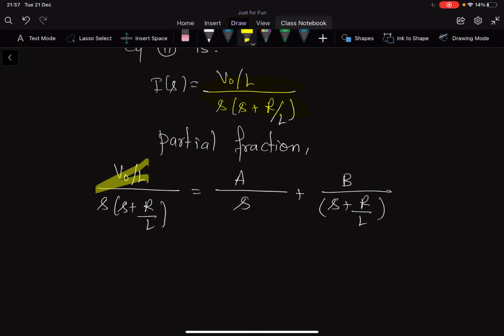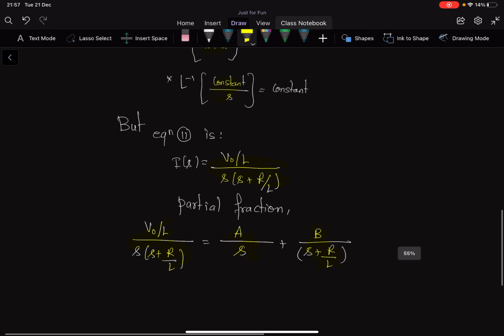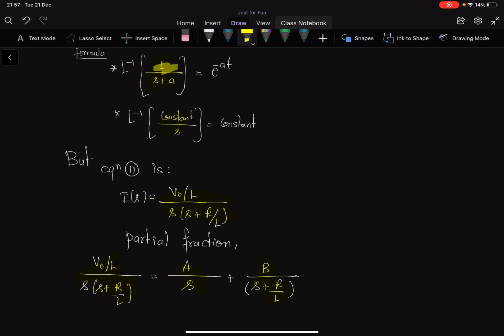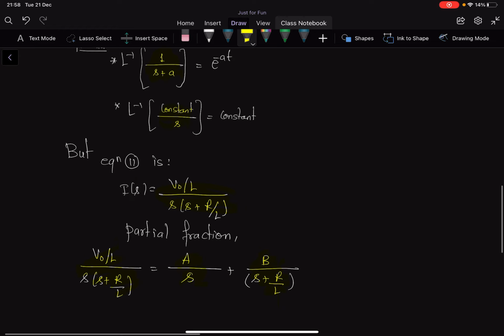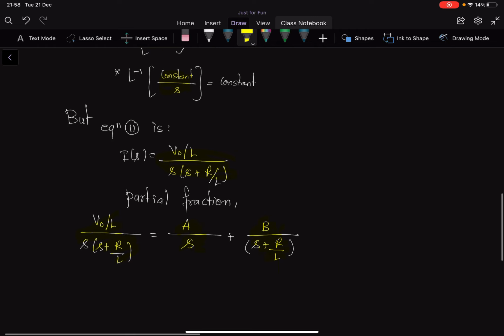This complicated fraction is converted into two simple fractions, and then I can apply these two formulas: this formula for this value and this formula for this value. So that's the idea of the partial fraction.